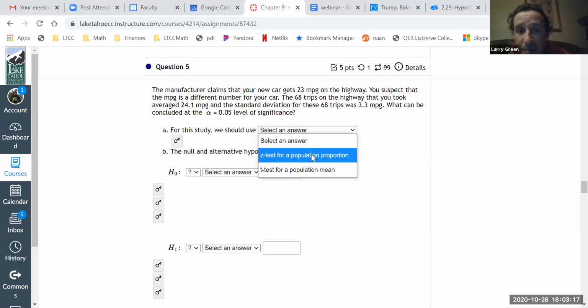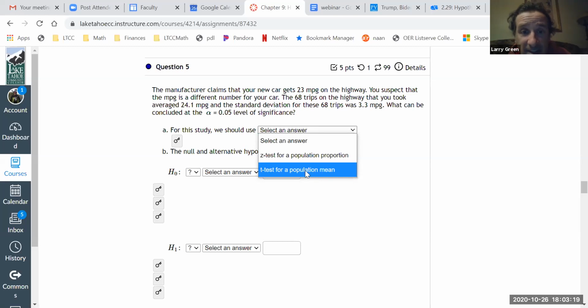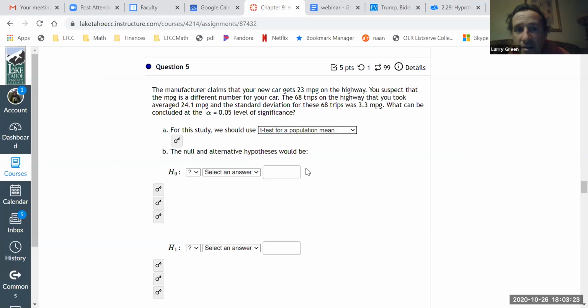So it's a t-test for population mean, not a z-test, because we don't know the population standard deviation. We only know the standard deviation for these 68 trips. So that makes it a t-test, not a z-test. Same as confidence intervals, if you don't know the population standard deviation, which you almost never do, then it's going to be t, not z.